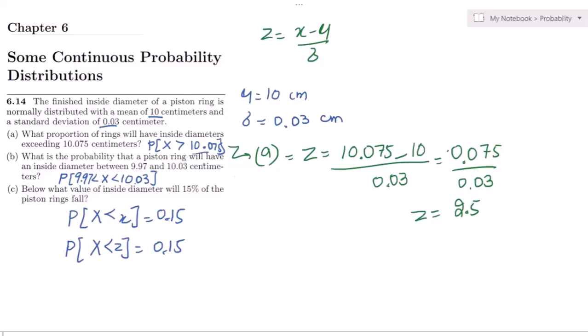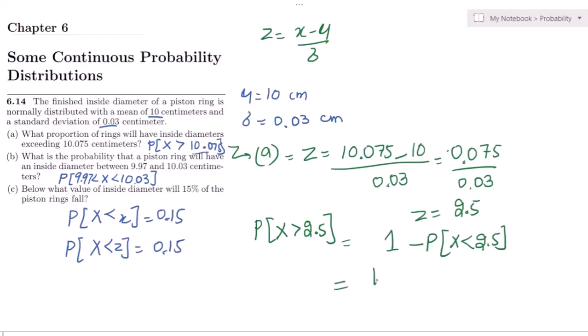So in part A, this term has been transformed from 10.075 to 2.5, so the value of z should now be greater than 2.5. As we know, the z table is not made in terms of this formulation, so first we have to find the probability that z is less than 2.5, and then subtract it from 1.